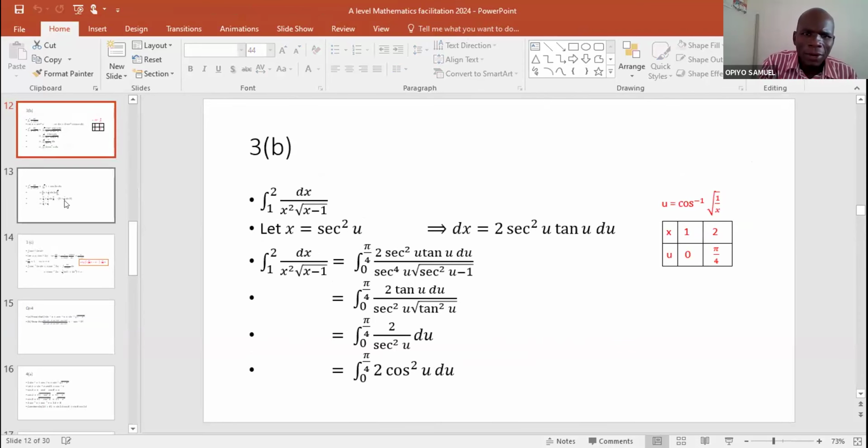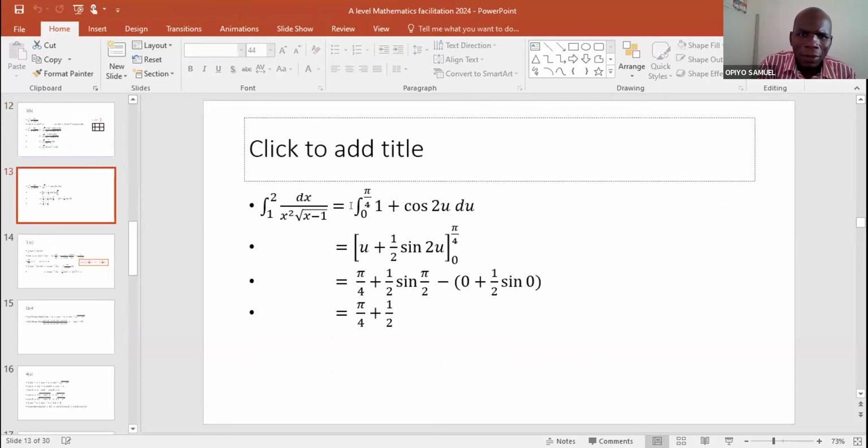So when we integrate this, remember we are dealing with the integration of an even power of cosine. When you have an even power of cosine or sine, we use the double angle formula.